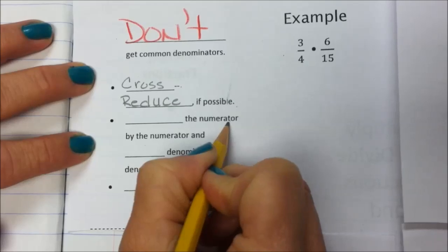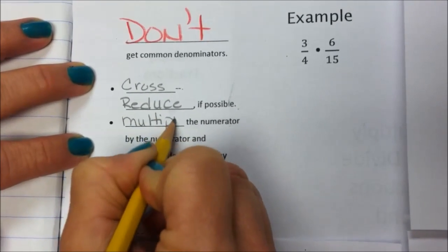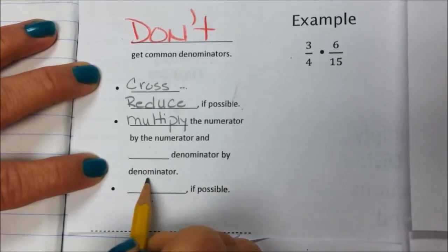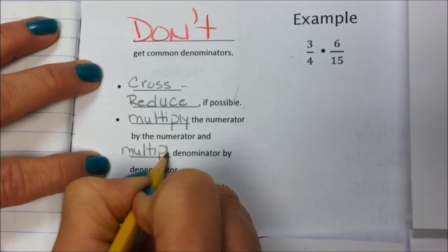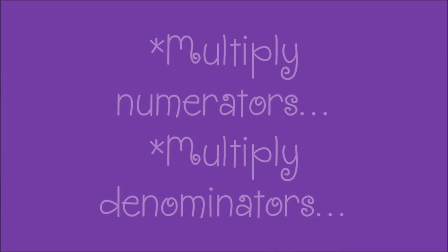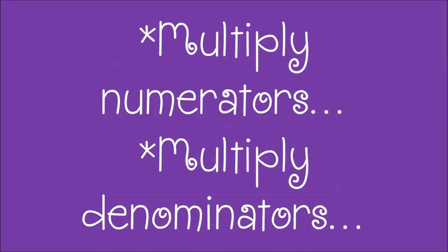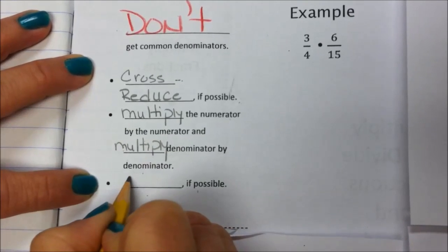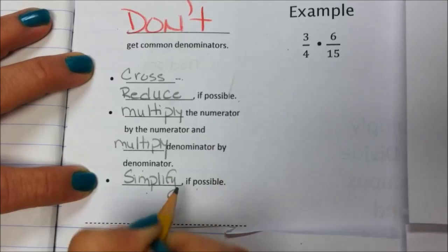You're going to multiply the numerators. And then you multiply the denominator by the denominator. And again, always with fractions, you want to remember to simplify if possible.